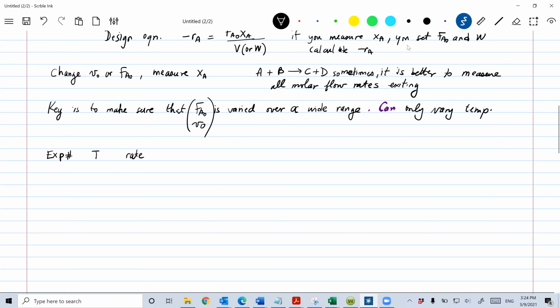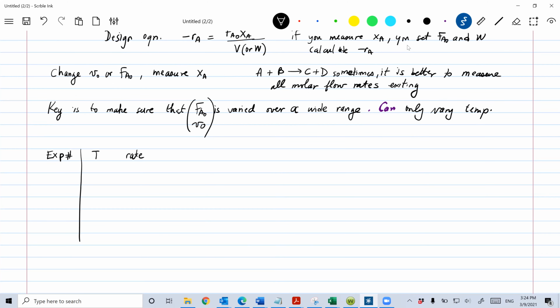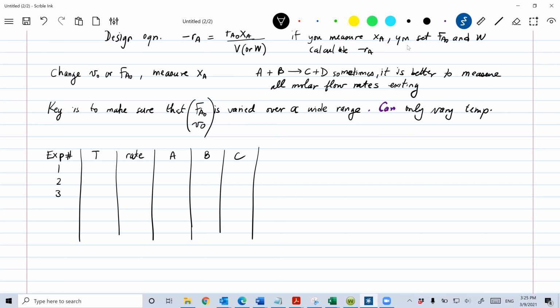Now, you're calculating rate based on your XAs, and then you have multiple species, so you have your reactions. You can set one temperature and a different temperature, for example.